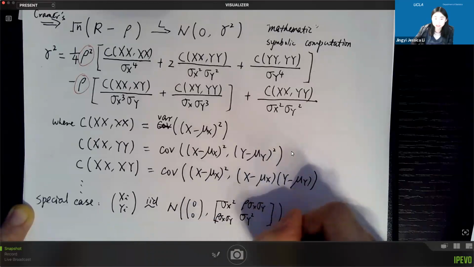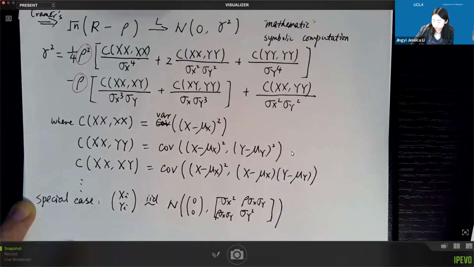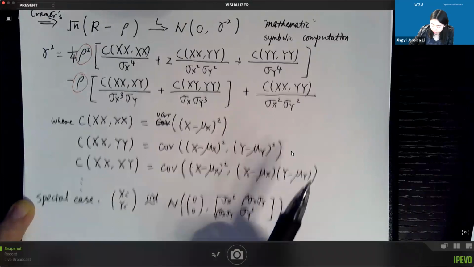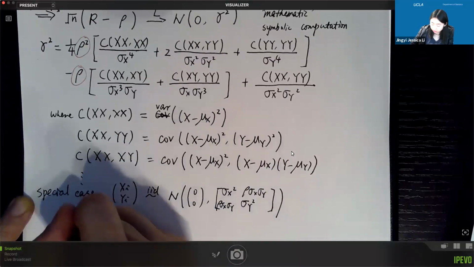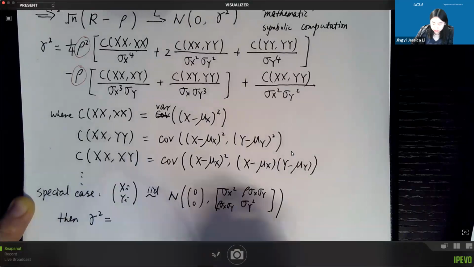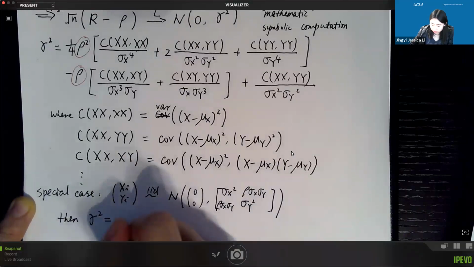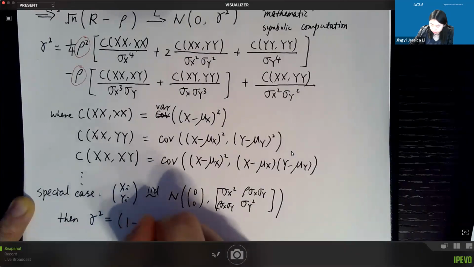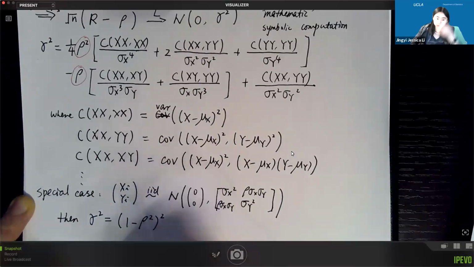Okay, if that's the case, you see the way I write it, I actually incorporated the population correlation into the covariance matrix. So if that's the case, then gamma squared becomes extremely simple. We can do the calculation and find that gamma squared turns out to be 1 minus rho squared.